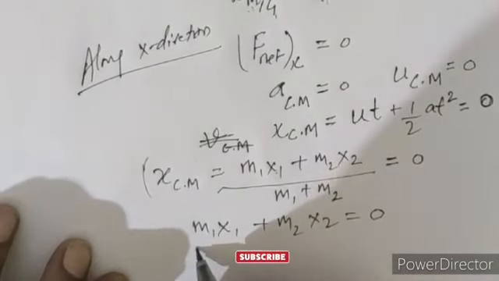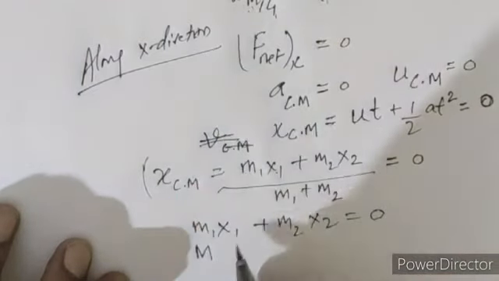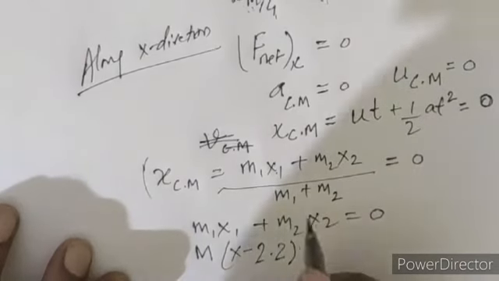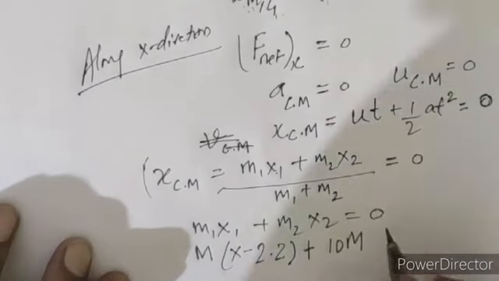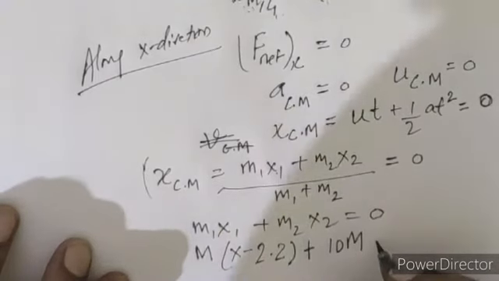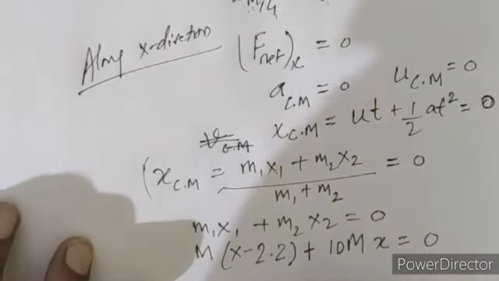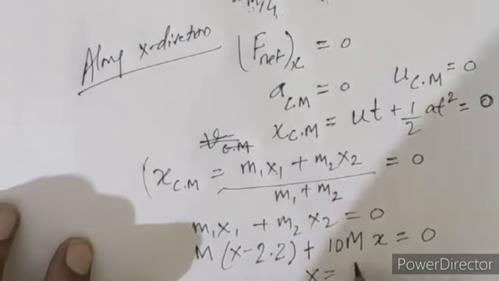We put m1 as m, x1 as x minus 2.2, m2 as 10m, and x2 as x in the forward direction, so this equals 0. Now if you calculate the value of x, it becomes 0.2 meter, and that's all.